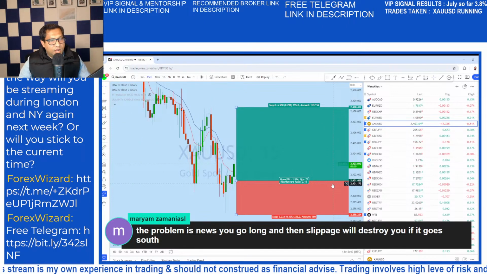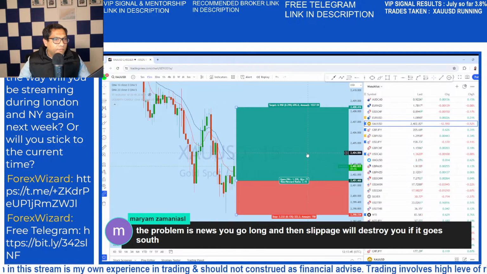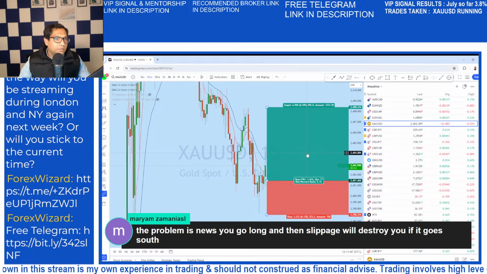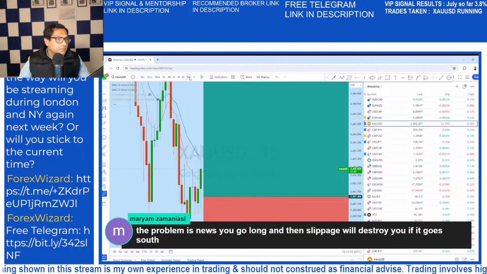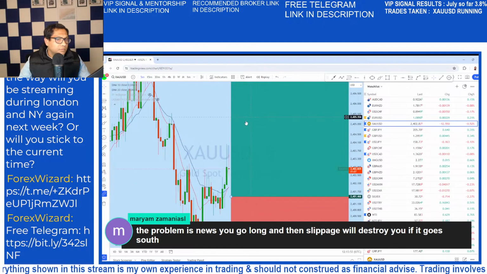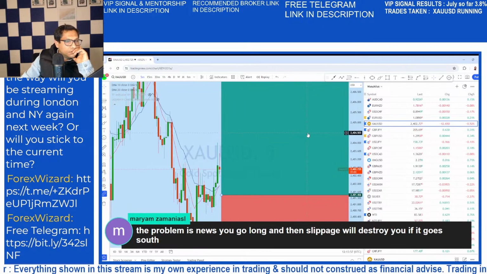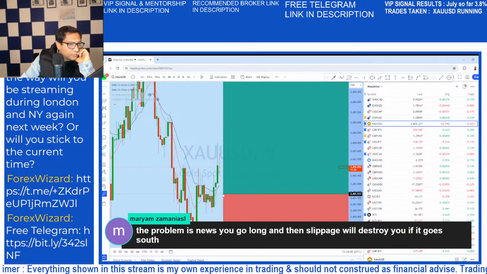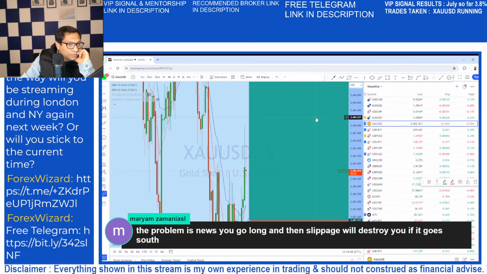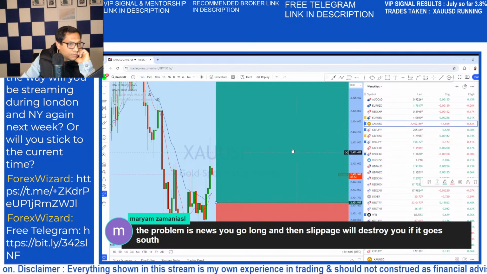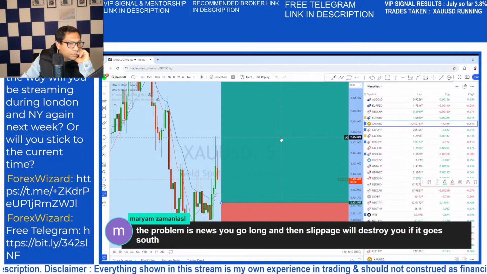The other candle, I'm expecting it to move up again to fill that wick.